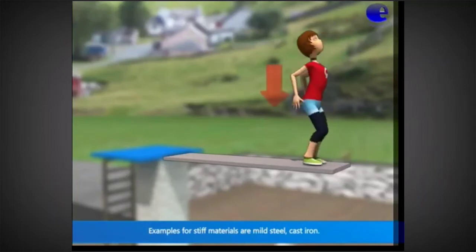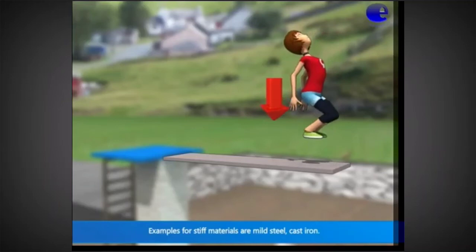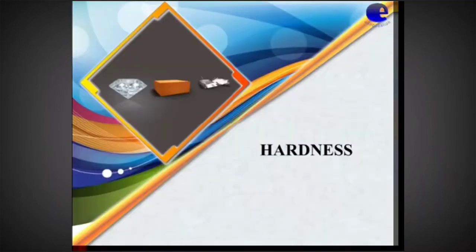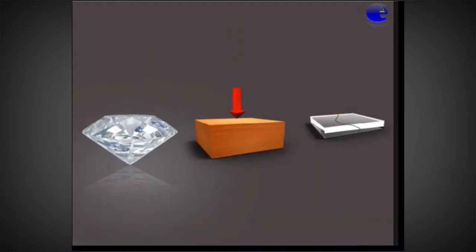Examples of stiff materials are mild steel and cast iron. Hardness. It is the property of a material by which it offers resistance to penetration, wearing, scratching, abrasion, machining and indentation. Examples of soft and hard materials are talc and diamond. Materials used in cutting tools, dies, punches, etc. should have a greater hardness number.